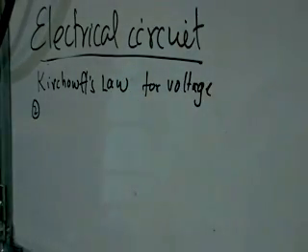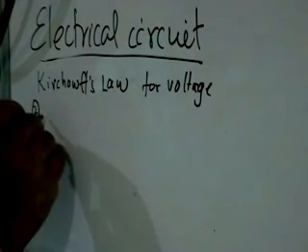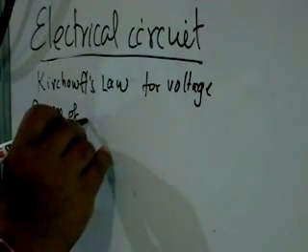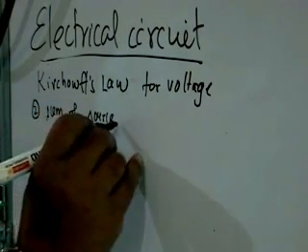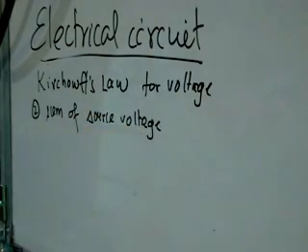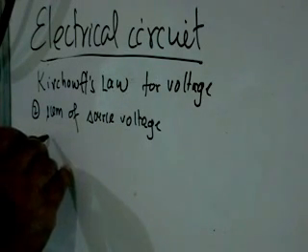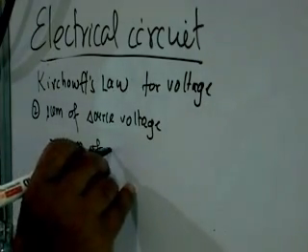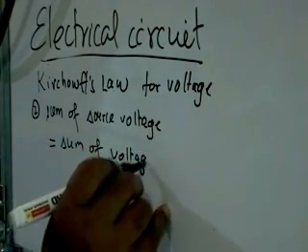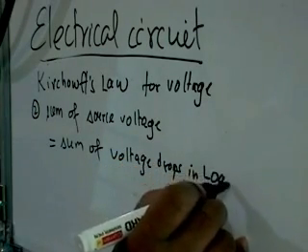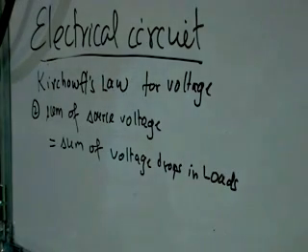It says the sum of source voltage must be equal to the sum of voltage drops in loads. What is the meaning of this?